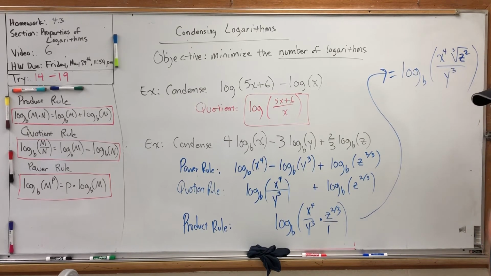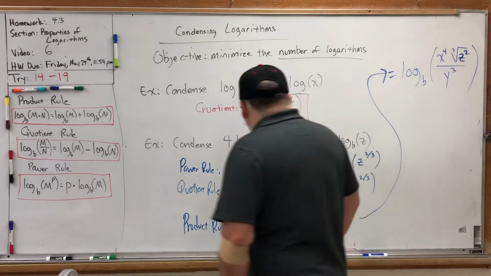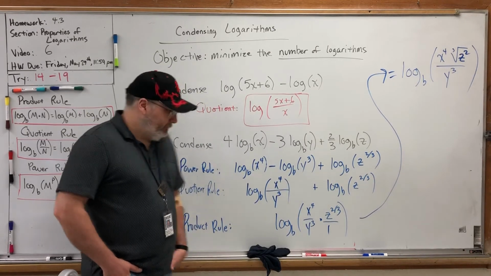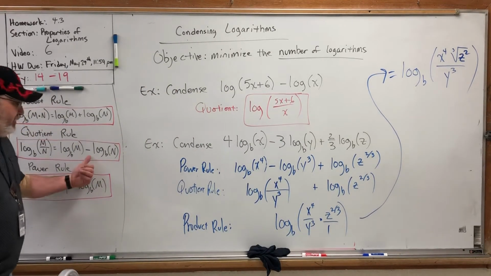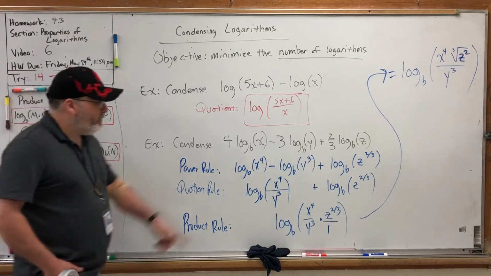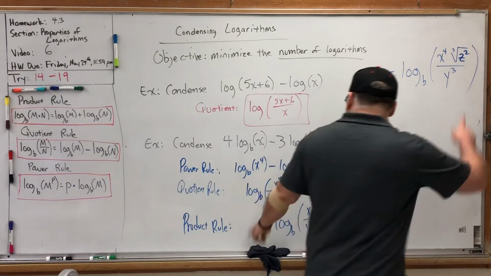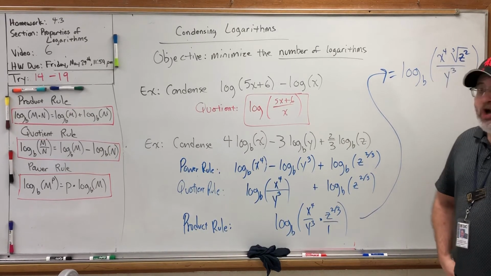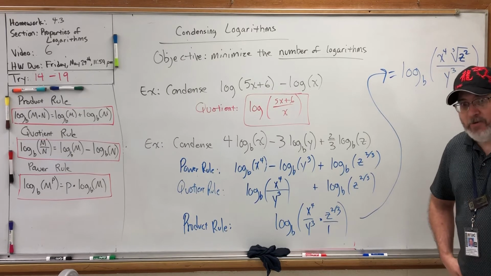Just ask yourself 2 questions. Question number 1, will the answer have a fraction in the argument? Yes, if there's a subtraction anywhere. So this one had a fraction, this one had a fraction because of that minus. And if there's a fraction, then the second question is who goes on which side with which powers?